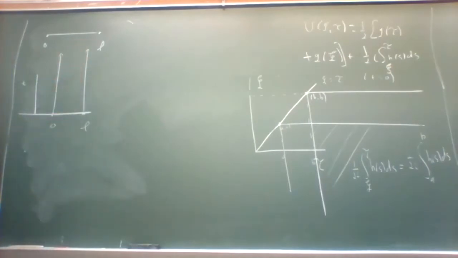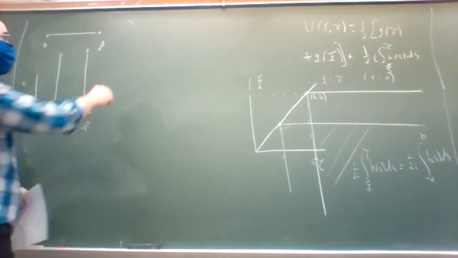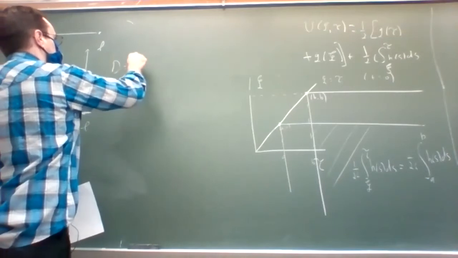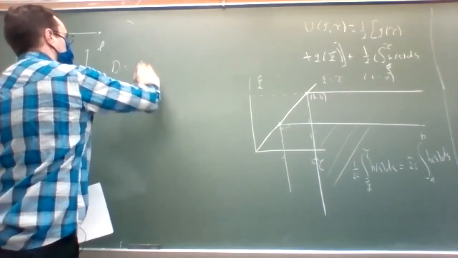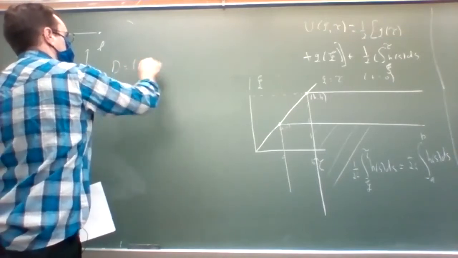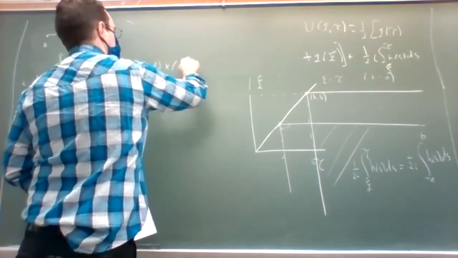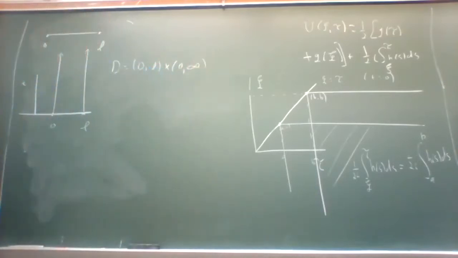So I'm writing down the space-time diagram with t going up now instead of x. So imagine a string of length L with fixed endpoints, and you're trying to solve a PDE on the following domain. And so that really is the domain.